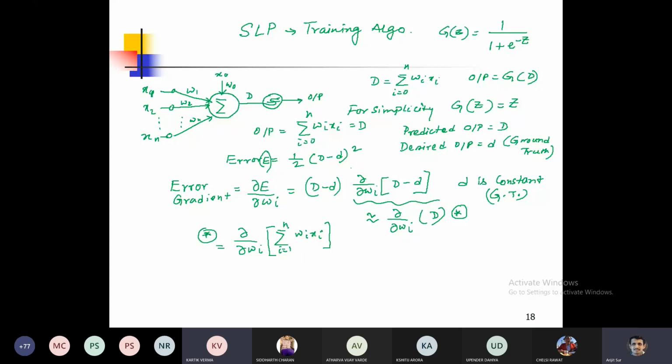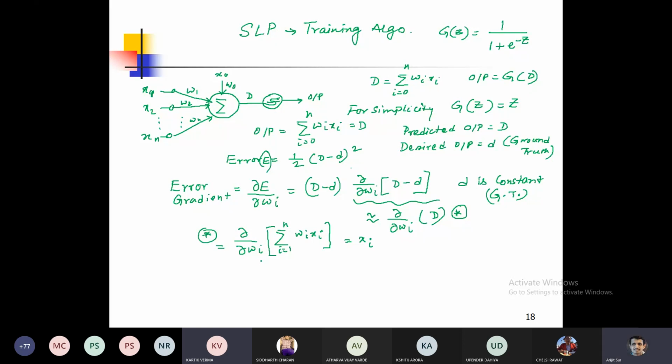Now you see, for this particular thing, this is wi. For this particular xi for wi, for y equal to 1, it will be x1. W of 2, it will be x2. Otherwise, these things are all 0 because it's a different thing. So it is equal to xi, for any i.